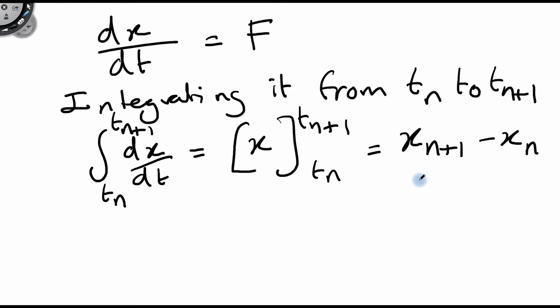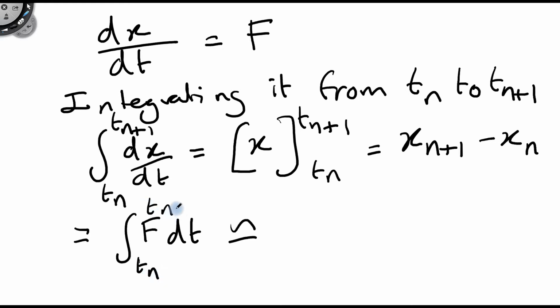The right-hand side is integrating f dt, and we approximate that between t of n and t of n plus 1, over one time step, with our polynomial.